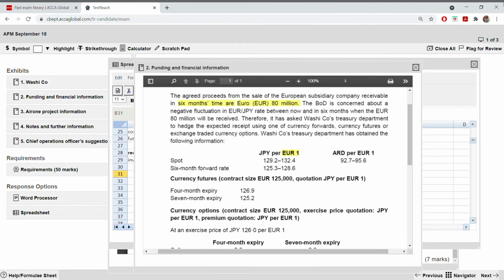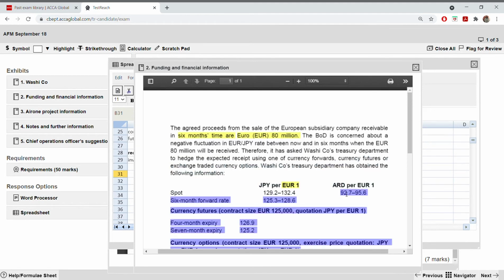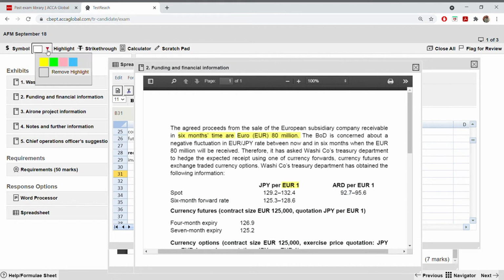It will be 92.7. This is so irritating. 92.7 is highlighted. 92.7 divided by 132.4. That's one.